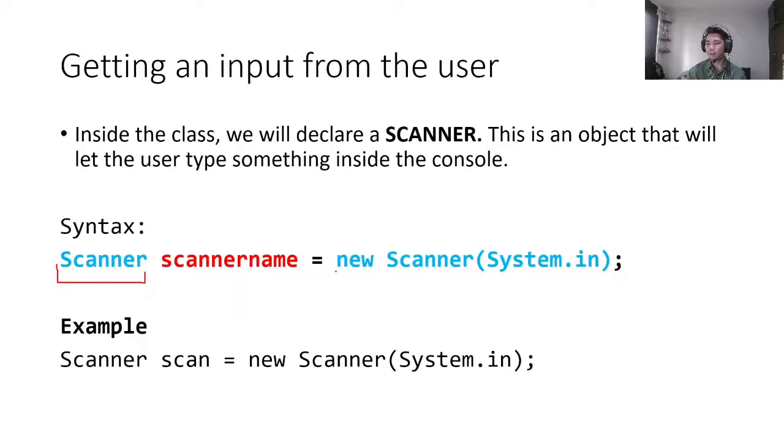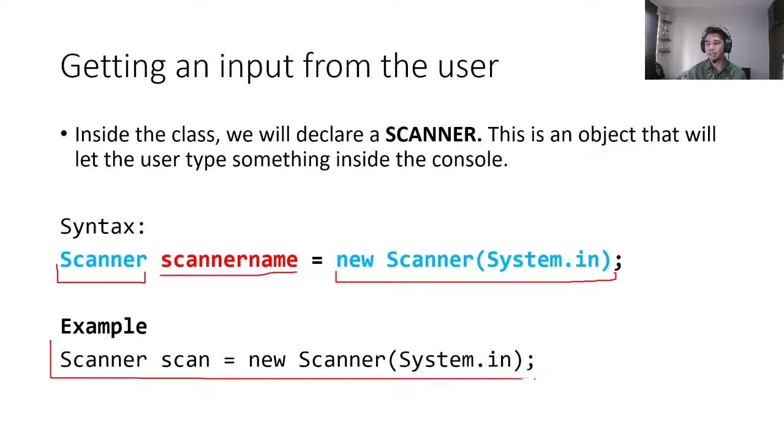We have also the keywords new Scanner(System.in), and then the scanner name is the one that you can change. So as an example, I created here a scanner and the name is scan. Again, as a programmer, it's up to you what you want to write for the name. For me, I'm always used to using scan as my scanner name.